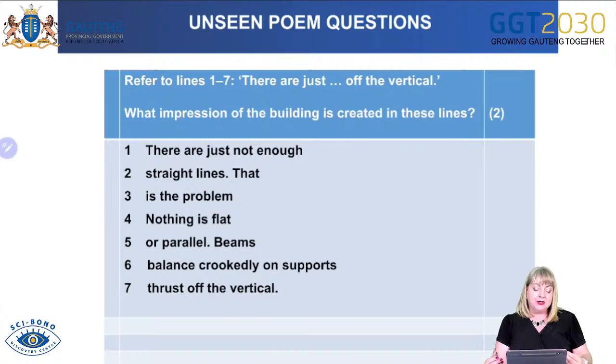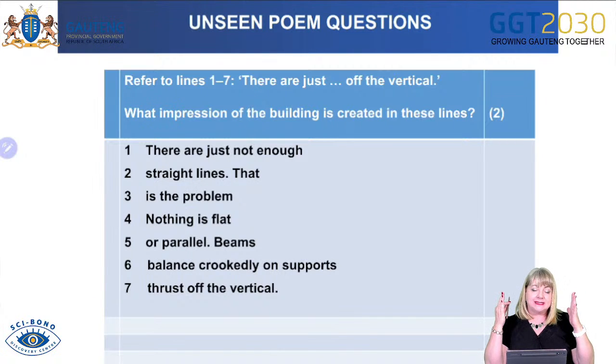And so, to answer the question, what impression of the building is created, you can go straight back to these lines and say it seems like an unusual building, because it doesn't follow the normal laws of construction, where we do have a lot of straight lines, a lot of parallels.